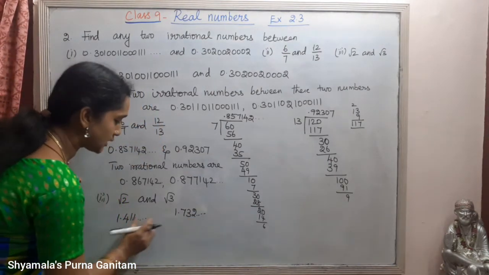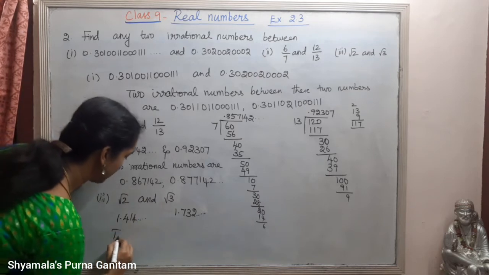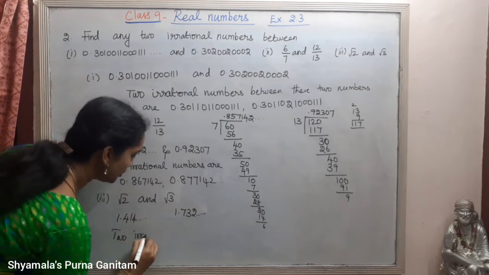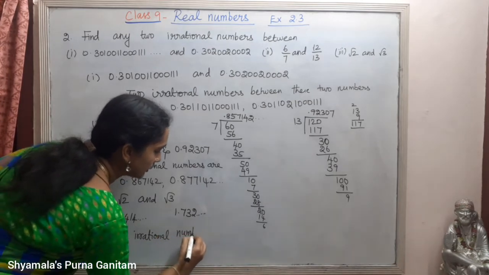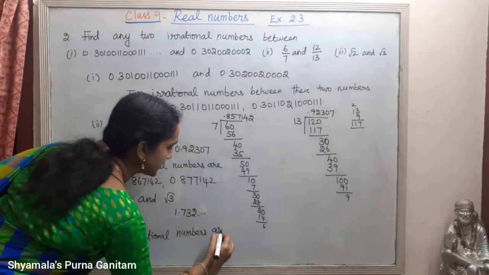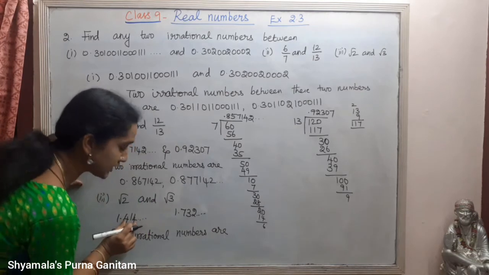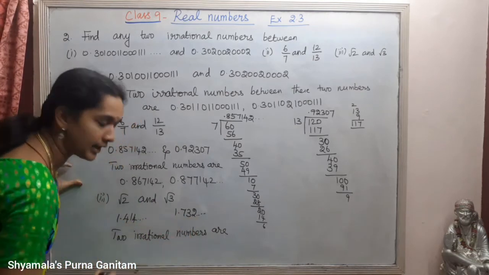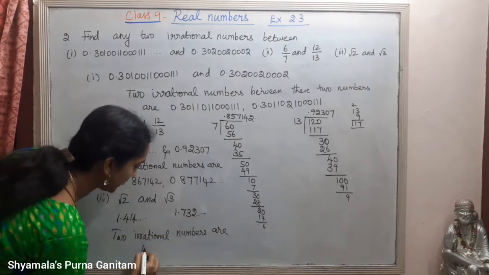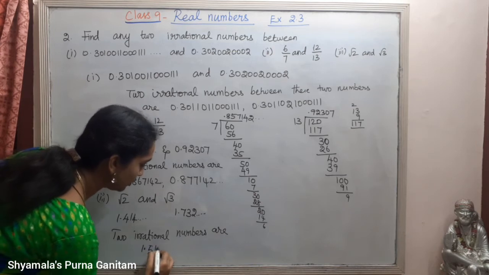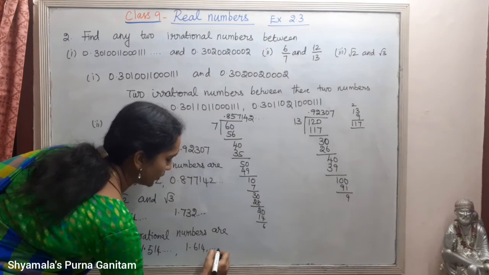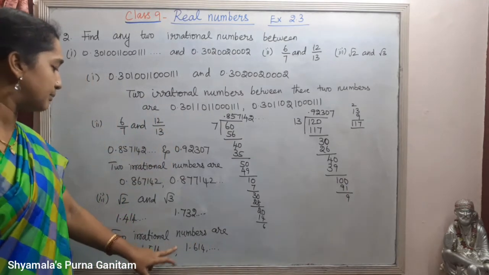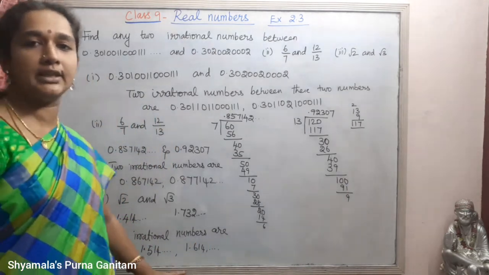So between these two numbers, any two irrational numbers: here it is 414, here it is 732. So many numbers are there. So 1.514, then 1.614. These are the two irrational numbers I am writing between these two numbers.